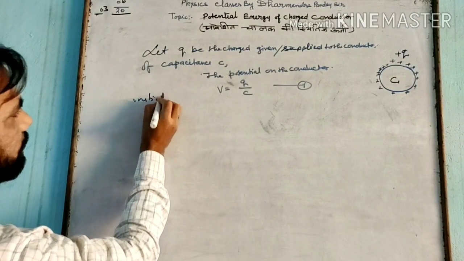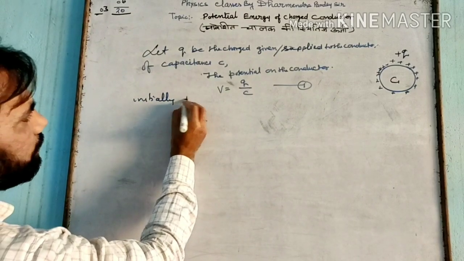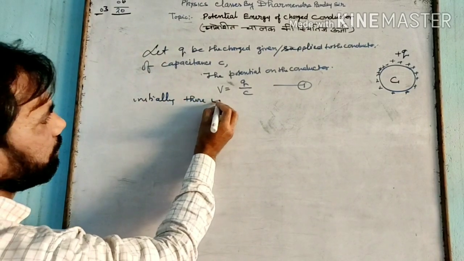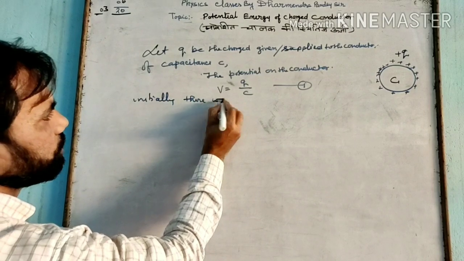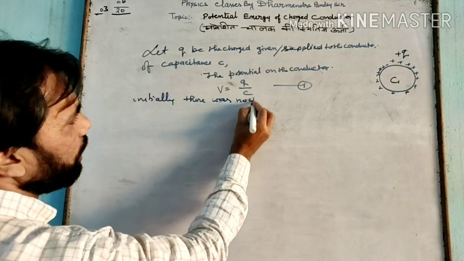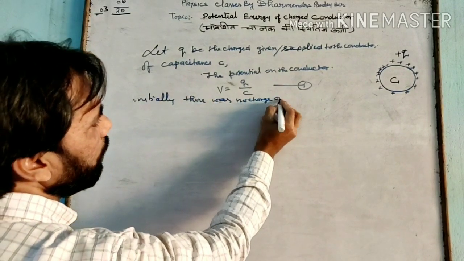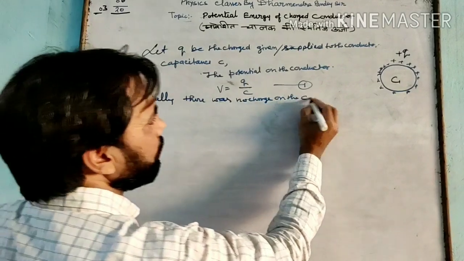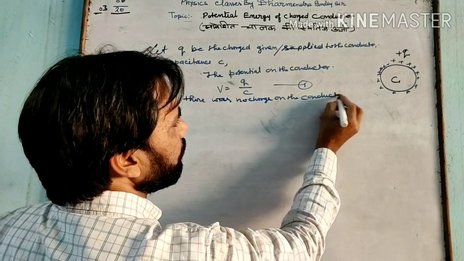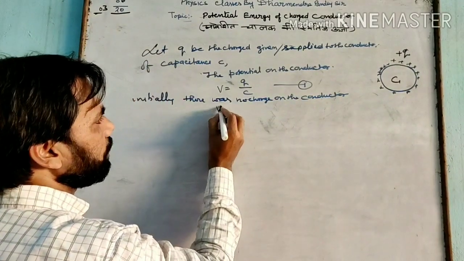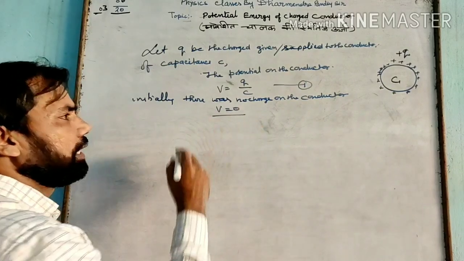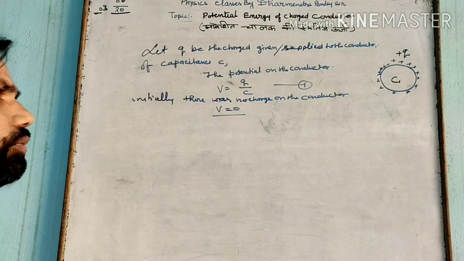Initially there was no charge on the conductor. So the potential at that time was 0.